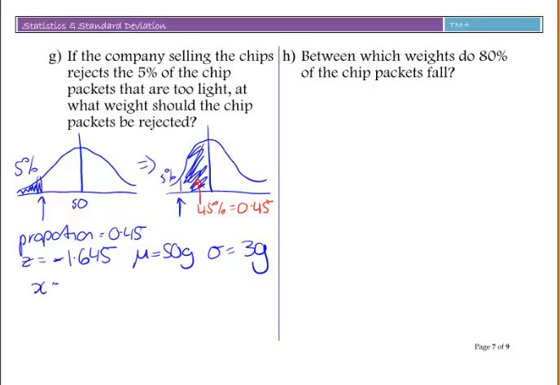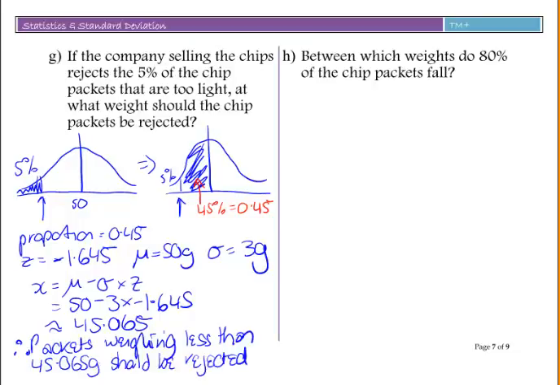So that means x equals our mean minus our standard deviation times our z-score. So that's going to be 50 minus 3 times negative 1.645, which is approximately 45.065. Finish with a therefore statement. So you have therefore packets weighing less than 45.065 grams should be rejected.